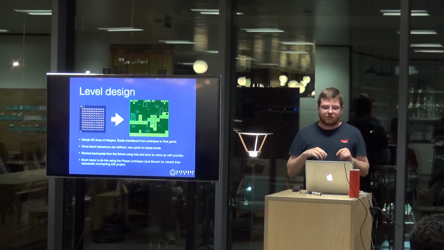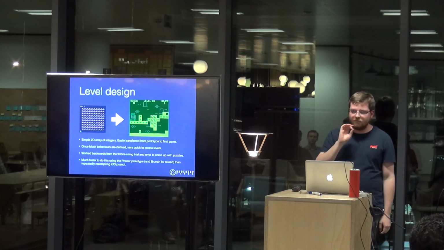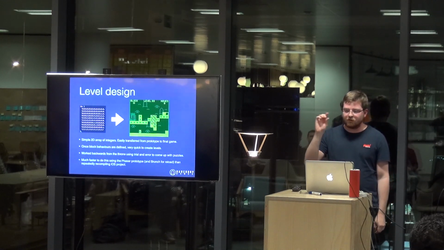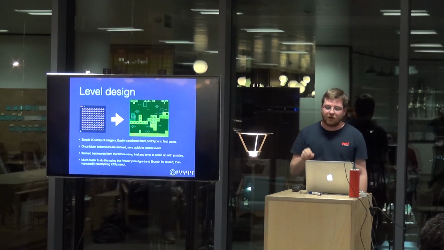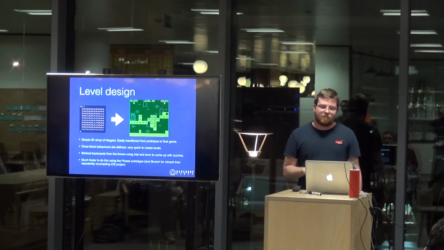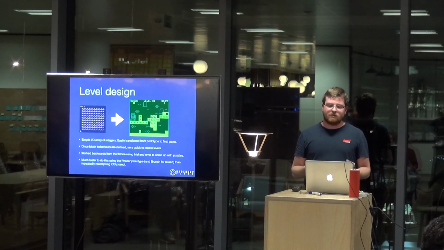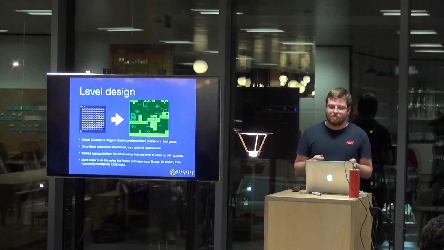So all the levels were just 2D arrays of integers with different numbers defining which blocks, or if there was a space, or where the throne of the character is. Once you've got the behaviours for the blocks defined, it's quite easy to experiment. You can just start trying different things out.